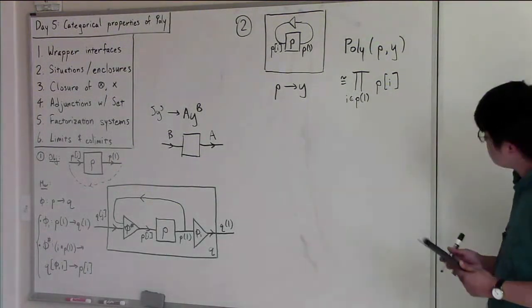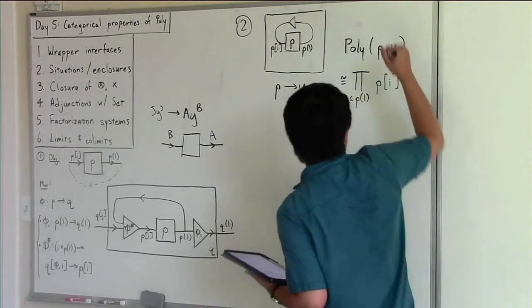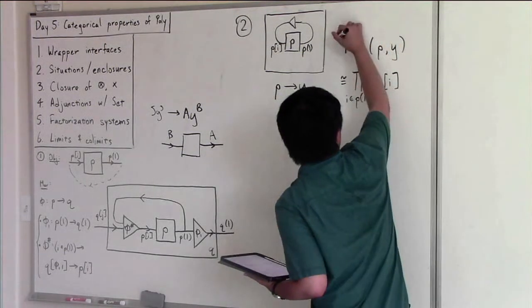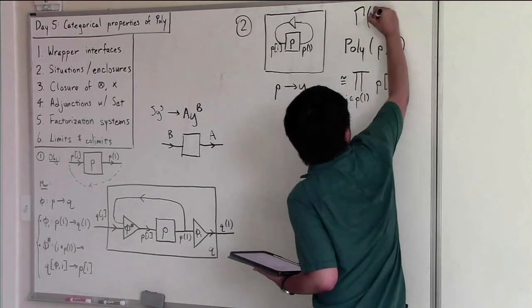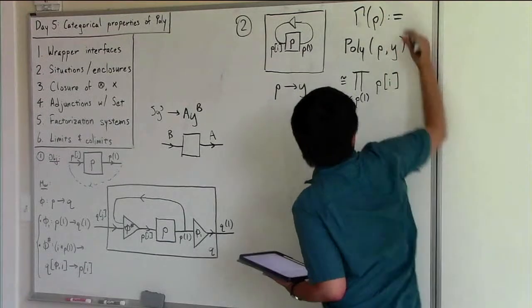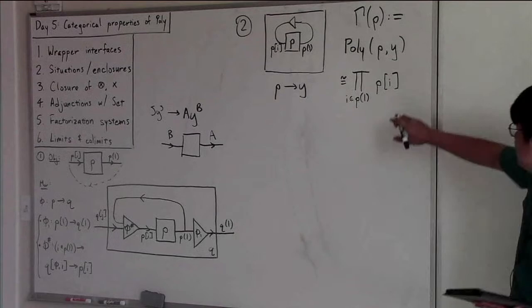We have a special name and notation for these. We're going to use gamma of p to mean the set of maps from p to y, and so these are assignments of directions for each position.